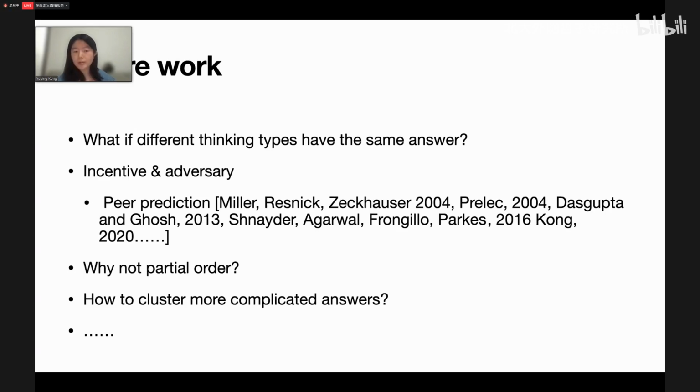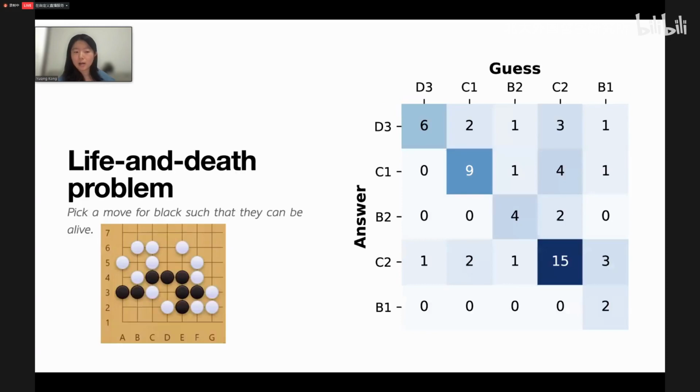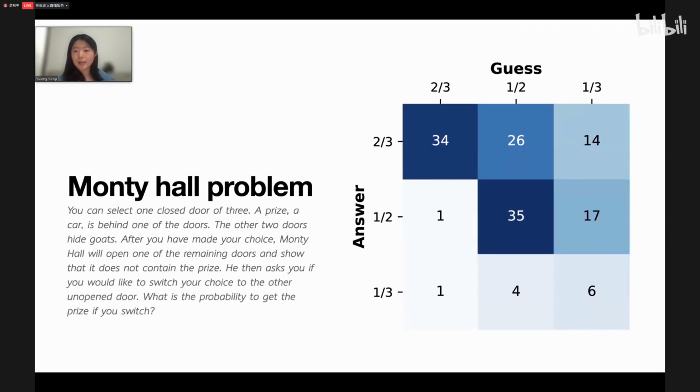The reason we chose math and goal problems in our study is that these are all questions with ground truth. That is why we can validate our algorithm by comparing whether its top ranking answer is the correct answer. But we also want to elicit people's opinions about some philosophy question.